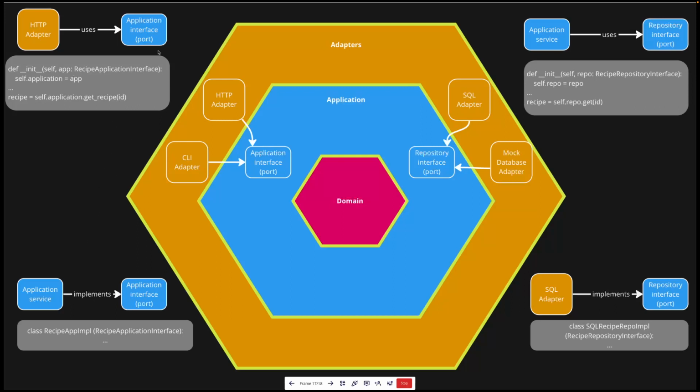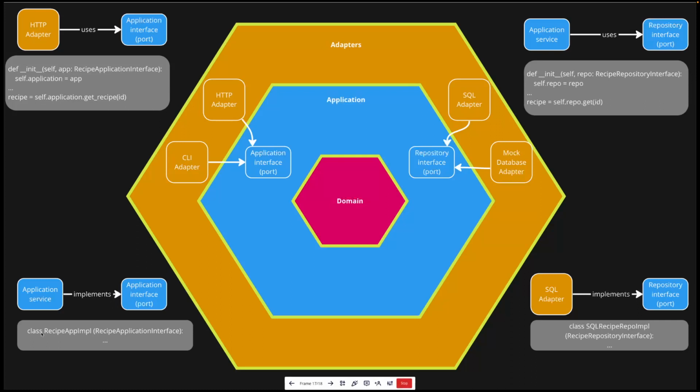The same application interface is implemented by our app service. So our application service implements this interface, and it can import it, because they are both defined in the blue area. So that's kind of the trick. That's the idea of this layered architecture with ports and adapters.